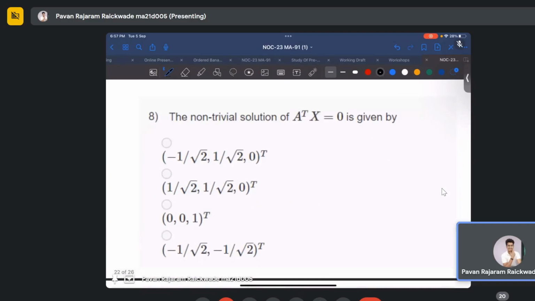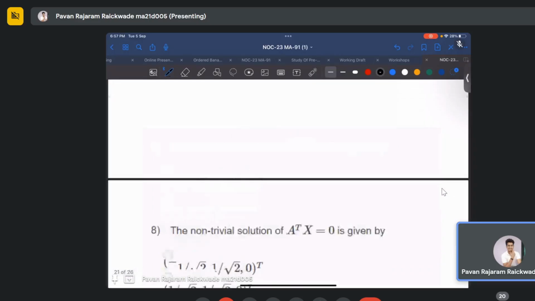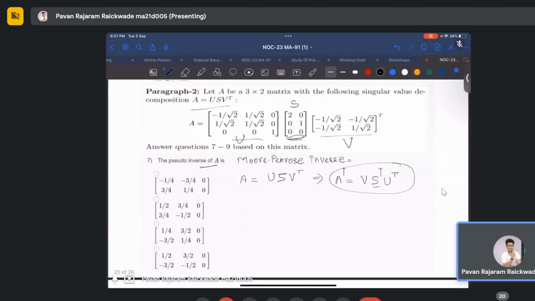Then you have to find the non-trivial solution of A transpose X equals 0. First of all, A transpose will be V S transpose U. And if I plug in X, this has to be 0.